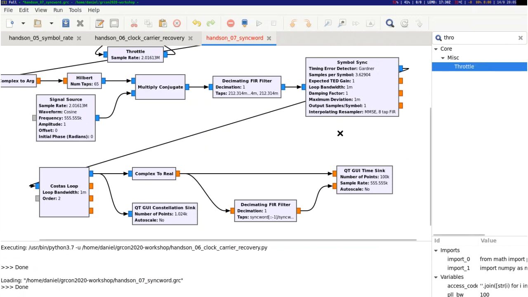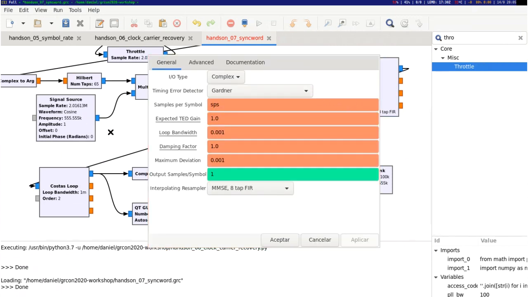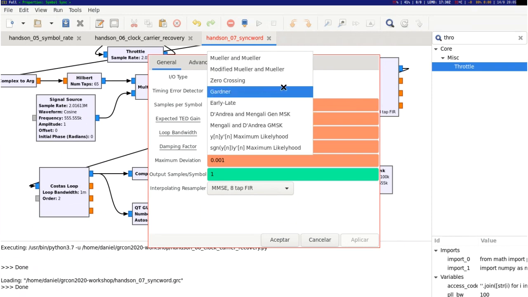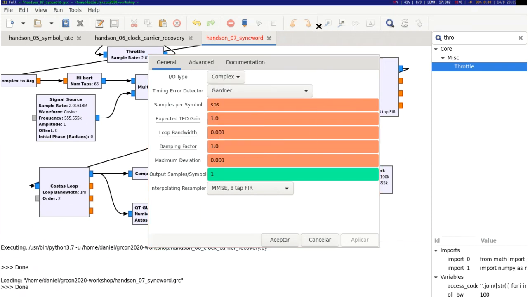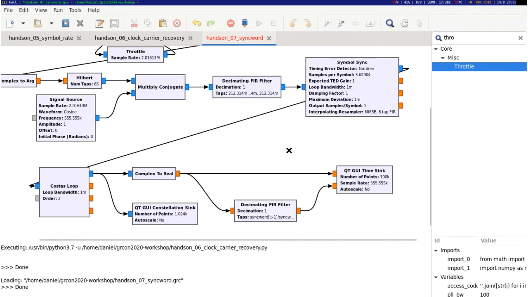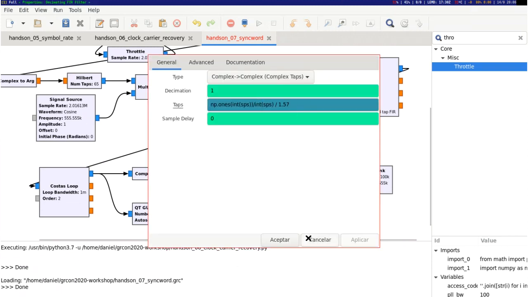And you shouldn't use it actually, because all the functionality about Mueller and Mueller is contained in here. And this block fixes a few bugs of the old Mueller and Mueller block, but it doesn't need an integer samples per symbol either. So I think it's only helpful when you're doing things like this.